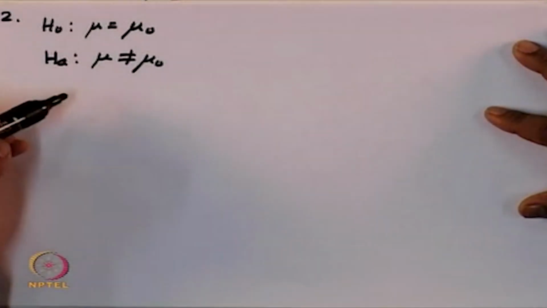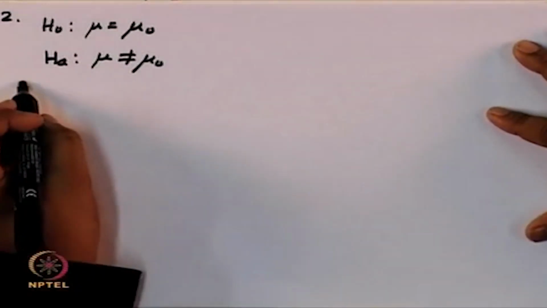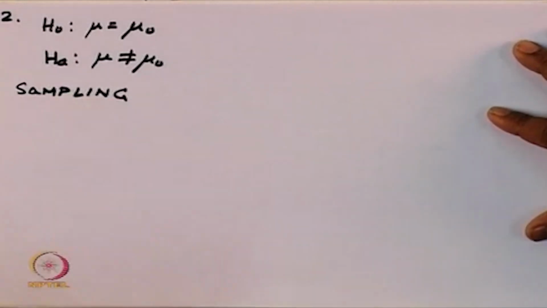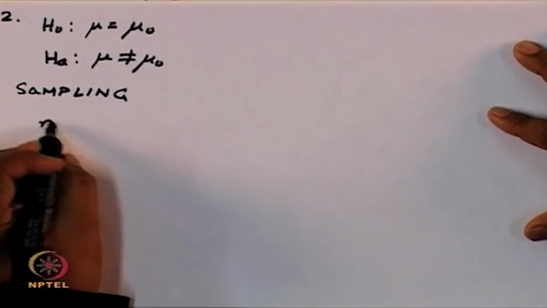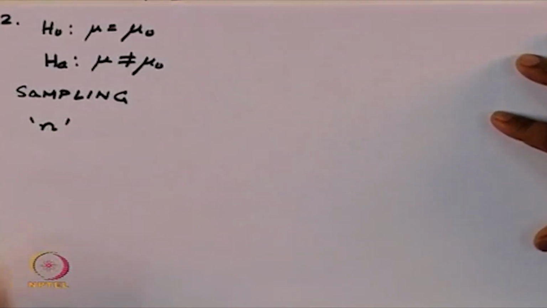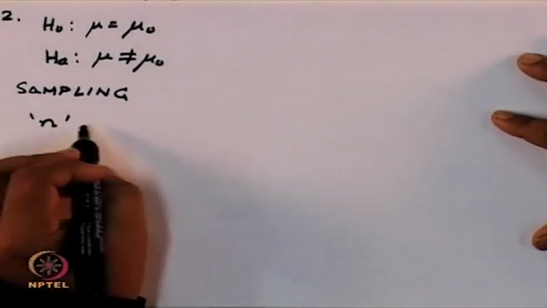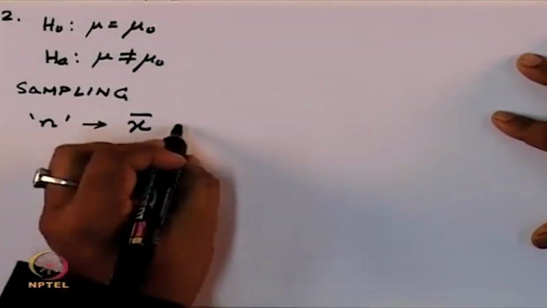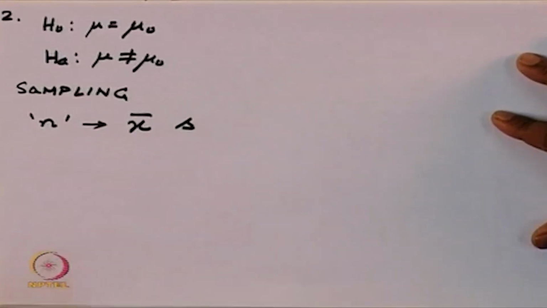Okay. How will you ascertain this? You will do some sampling. Okay. Let us say from the population you draw a sample of size n, okay, and based on this sample you calculate the sample mean x bar and the sample standard deviation s.